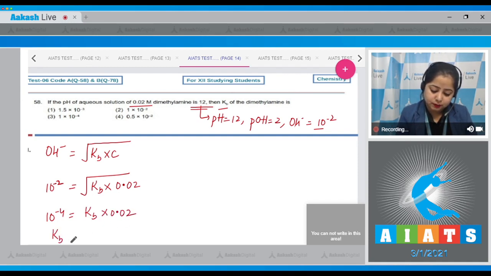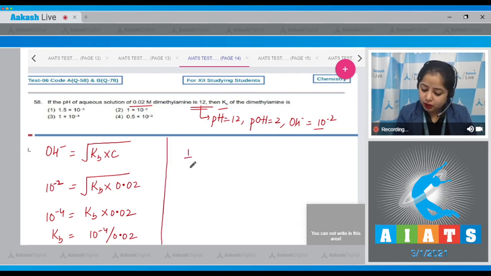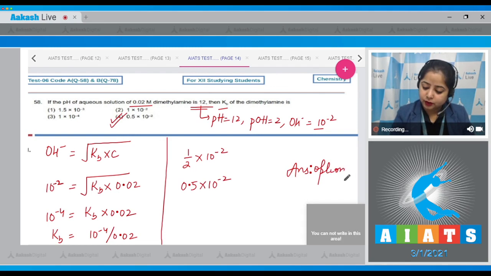That means Kb is equal to 10 raised to the power minus 4 upon 0.02, which is equal to half into 10 raised to the power minus 2, that is 0.5 into 10 raised to the power minus 2. So the correct answer is option number 4. Here I'm writing answer is option number 4.